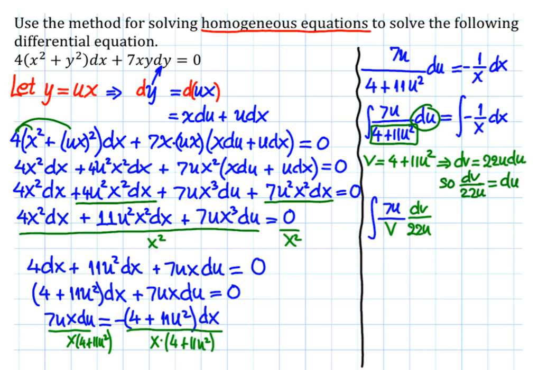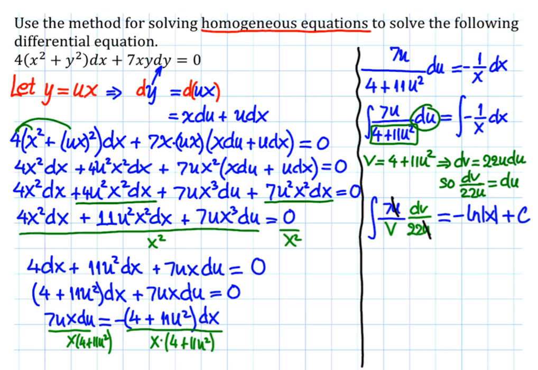I can cancel out the u there and the u here, right? So that is the left hand side. The right hand side integral will be easy: negative ln of x plus a constant c.